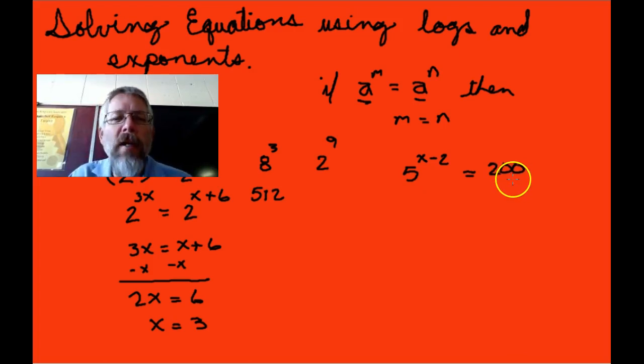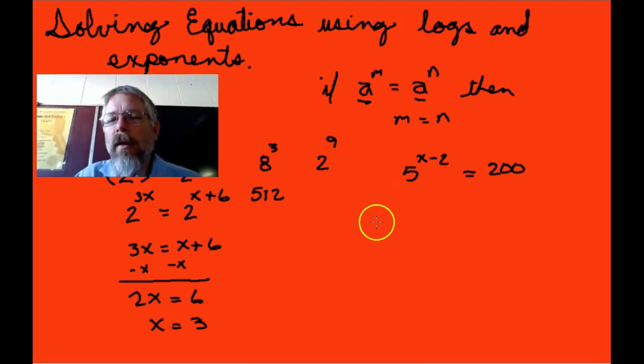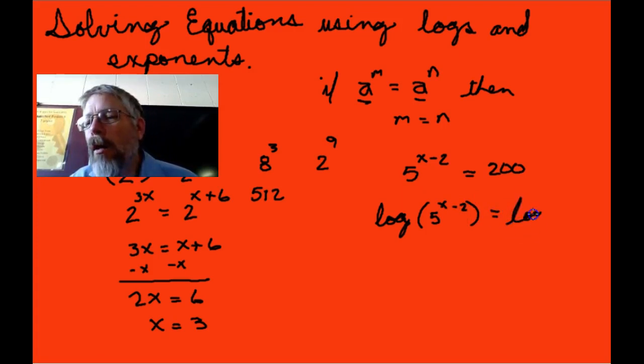So what I'm going to do is I'm going to take the log of both sides. And because your calculator calculates the log in base 10, I'm going to use the log in base 10. Okay. So I will have the log in base 10 of 5 to the x minus 2 power, and that has to equal the log in base 10 of 200.